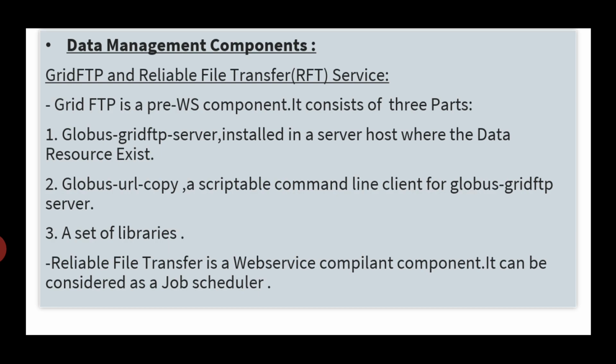A set of libraries, the Globus URL copy, can access the data resources by a number of protocols, including hypertext transfer protocol, hypertext transfer protocol secure, file transfer protocol, grid security infrastructure file transfer protocol, and file. We can learn about some commands. We want to transfer a remote file to the indicated directory of a local host.